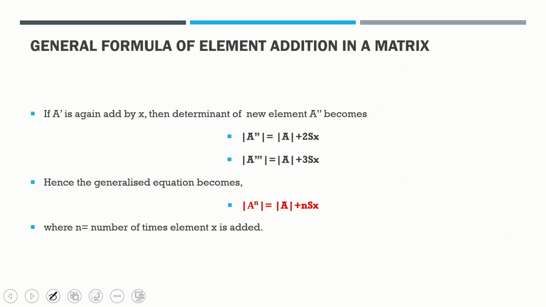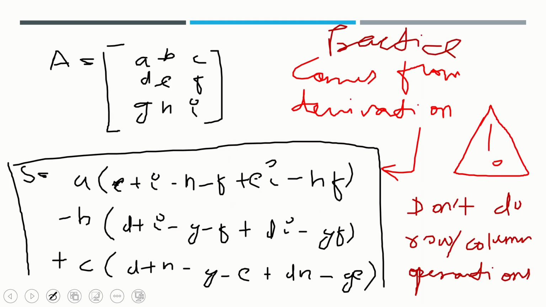So now next we come to the general formula of element addition in a matrix. Let me clear this part if you have written it. Otherwise, you can take a screenshot, or you can rewind the video if you want to write these things.